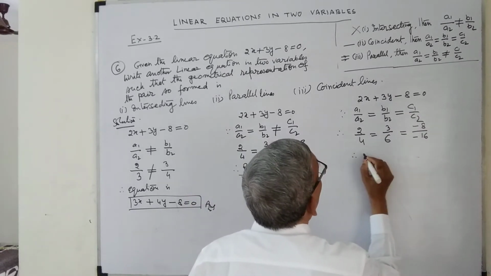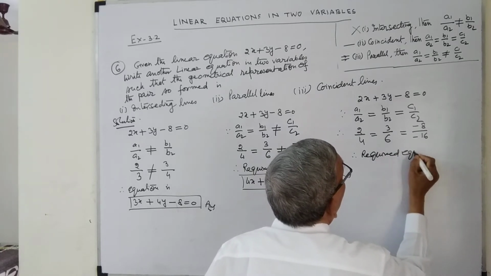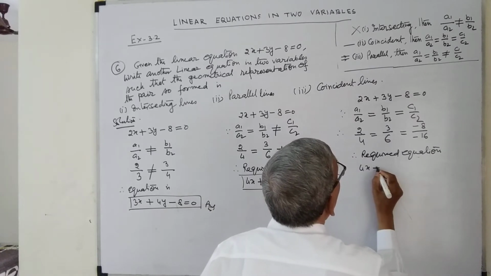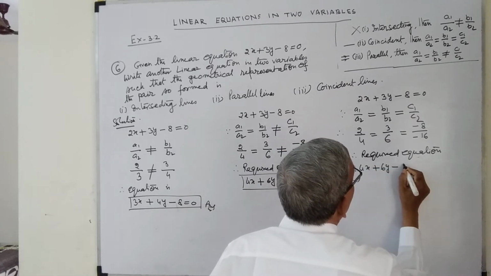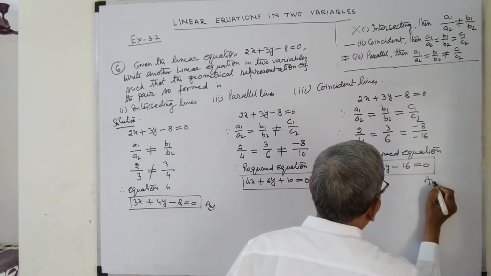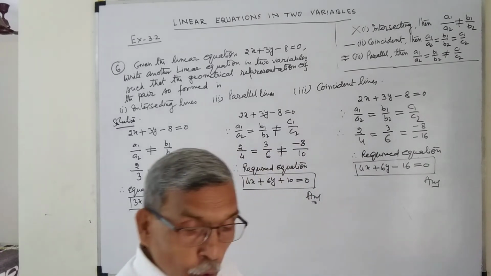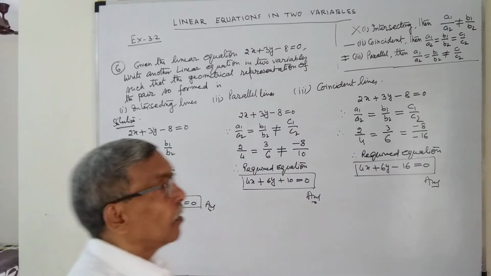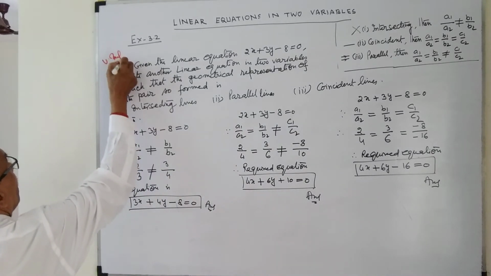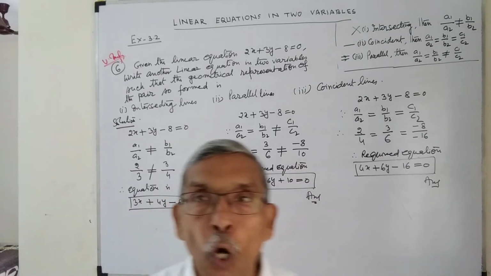Therefore the required equation is 4x plus 6y minus 16 is equal to 0. So this is the answer. This sum is also very important, so note it down. I hope you got this one.